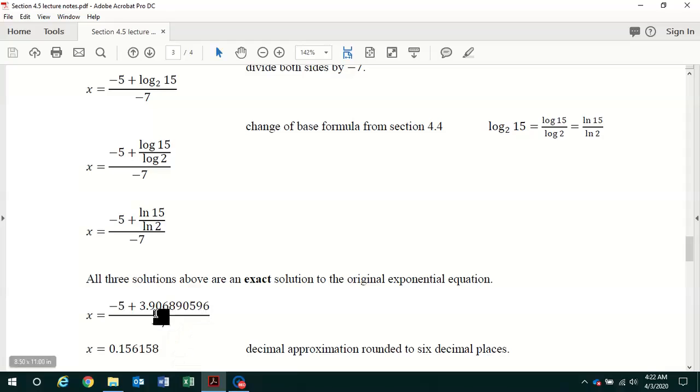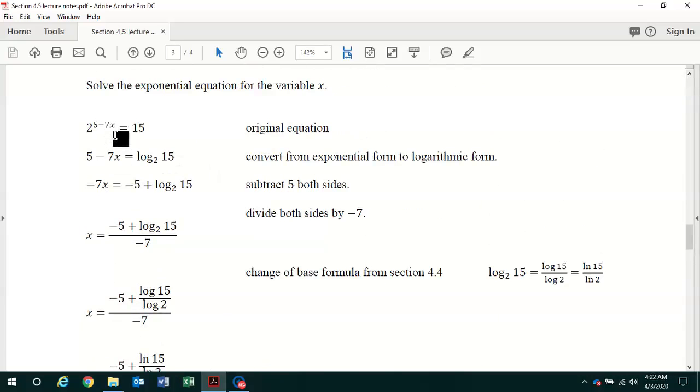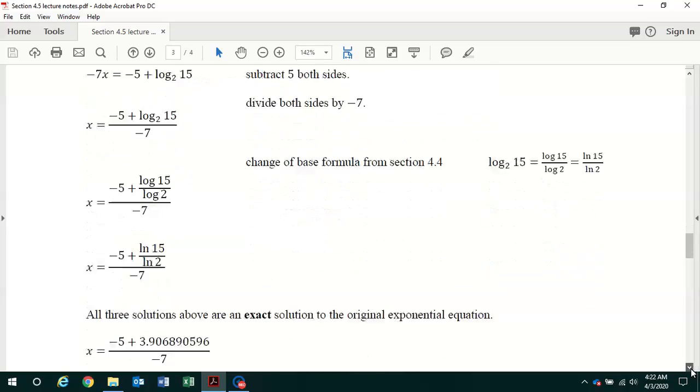So you subtract 5 from this number and divide by negative 7, and we get the decimal approximation to the original problem is 0.156158. So if you put in 0.156158 for x up here and simplify the exponent and raise 2 to that power, the left-hand side will equal 15.